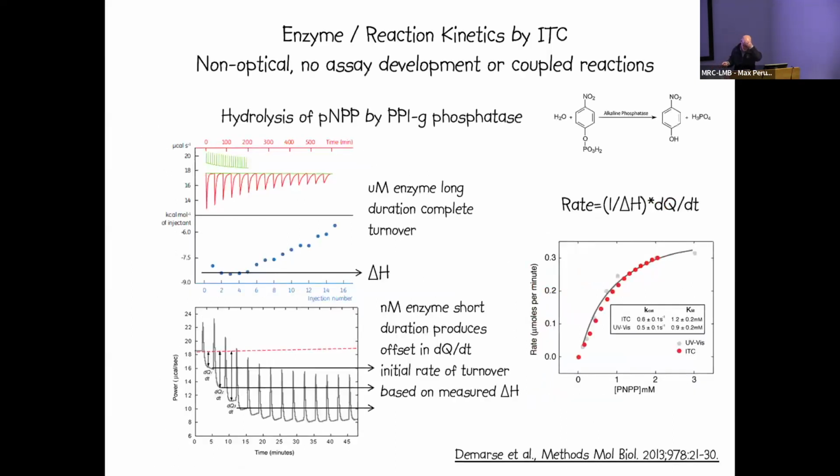And finally, just to say that ITC can also be applied to enzyme catalysis. And the big attraction of this is that it's a non-optical method, and you don't need to develop any particular assay that would give you some sort of colored product or some change in fluorescence or absorbance that you can measure.